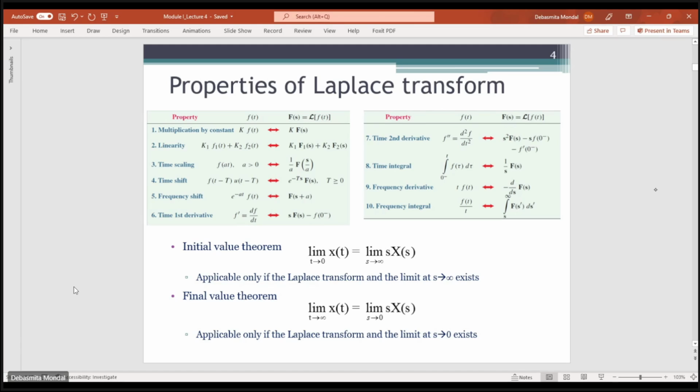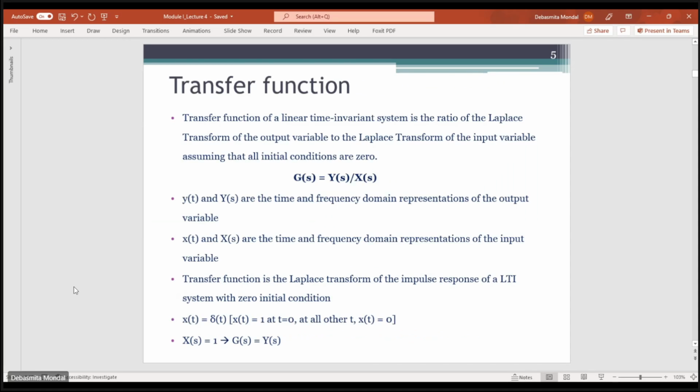These are the two theorems which we will use later on when we are dealing with a control system and need to see what the steady state error in a control system is. In those cases, this final value theorem is very much useful.